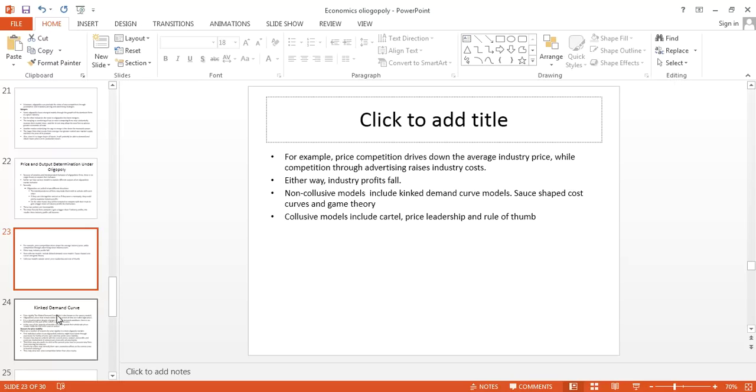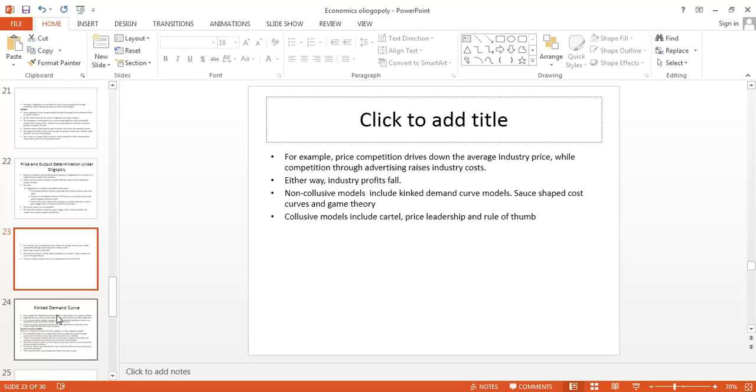So two things are happening: you are competing, with an incentive to bring the price down, and you are spending on advertising, which is increasing your cost. So which way do you go? These are two contradictory paths in front of the oligopolist.